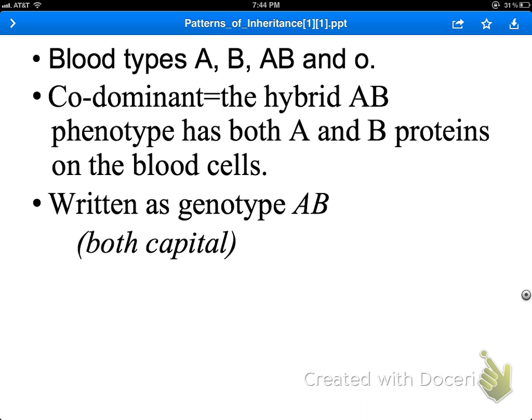Codominance is also found in blood type. Blood type not only has codominant alleles in it, but you can also see it also has a recessive allele. So here, 2 capital letters that are different represent a codominant relationship between the A and the B allele. And over here we have O as a smaller letter, so you know that is going to be recessive.